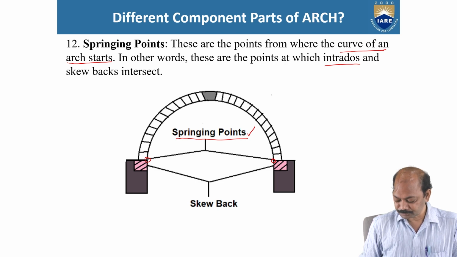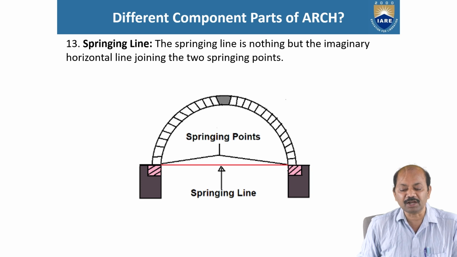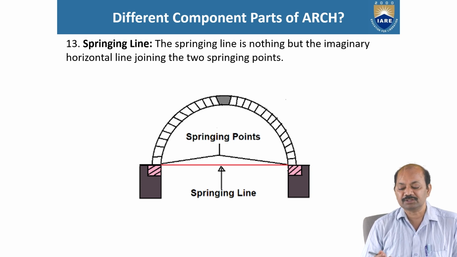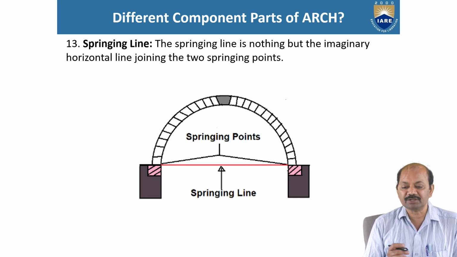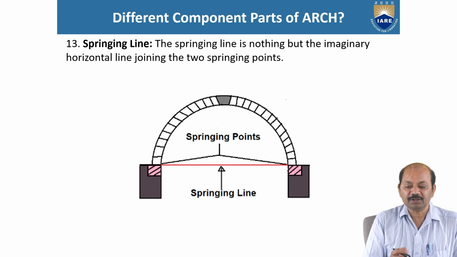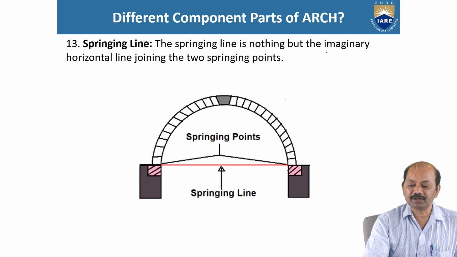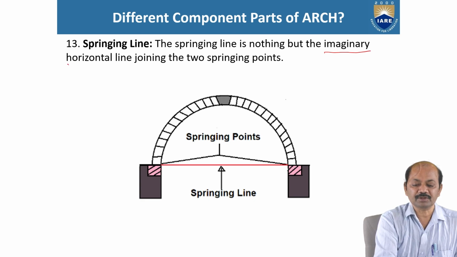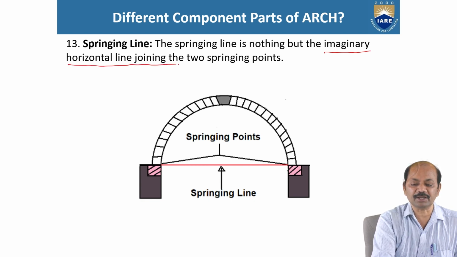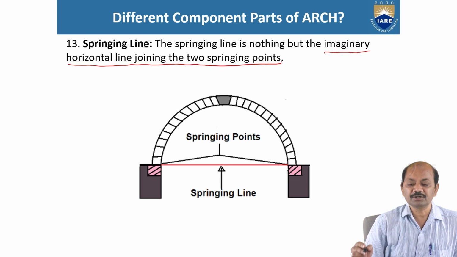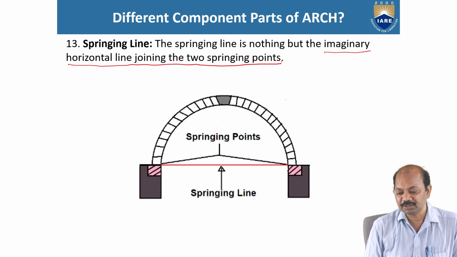Now, 12 parts we learned. Now we'll move to the next one. Springing line. See, it is an imaginary horizontal line. Remember, springing line is the imaginary horizontal line joining the two springing points.